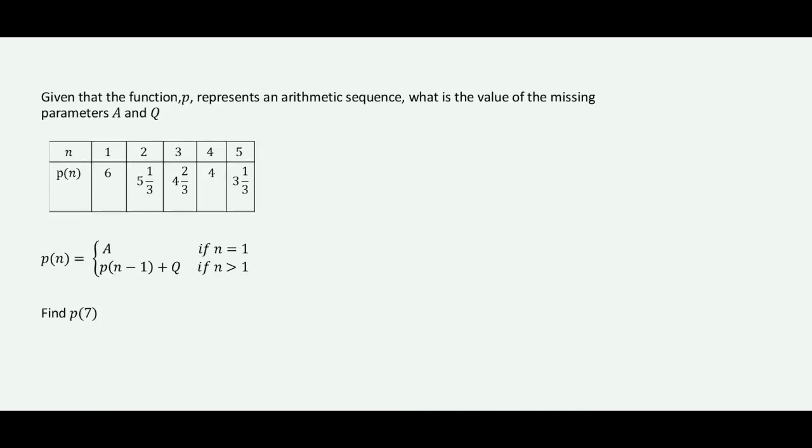Final example here, we start by looking for our first term. A is equal to 6. Let's look for our common difference. So we have 5 1/3 minus 6, and so that we can get through this quickly, this is 5 1/3 minus 18/3, which is negative 2/3.